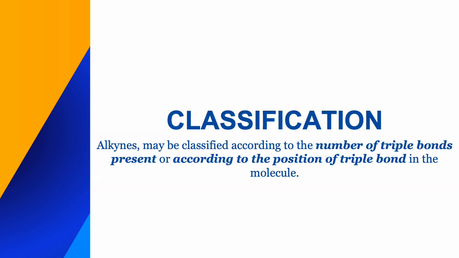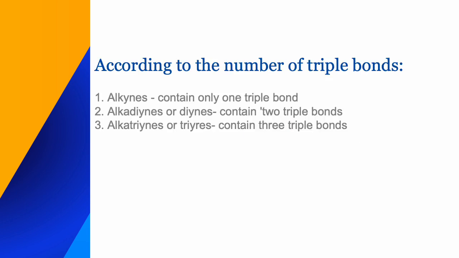So in terms of classification, again, the alkynes are classified according to the number of triple bonds present, or they can also be classified based on the positions of the triple bond in the molecule. According to the number of triple bonds, we have three classifications: the alkynes, alkadiynes, and the alkatriynes.